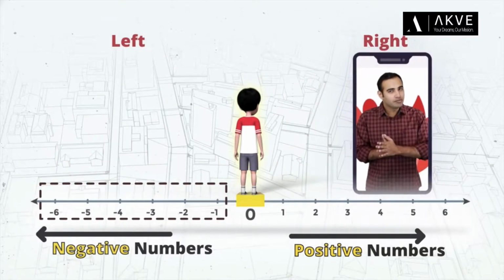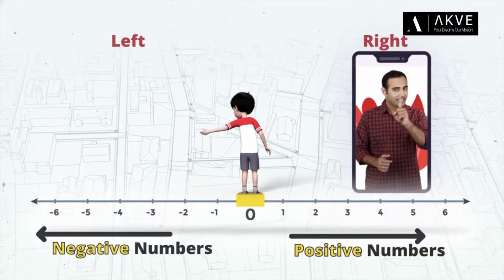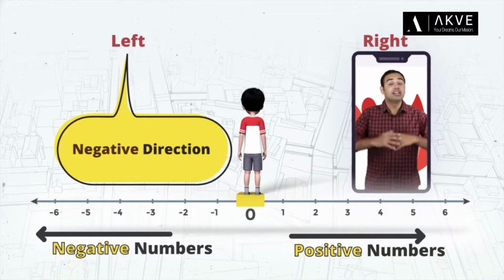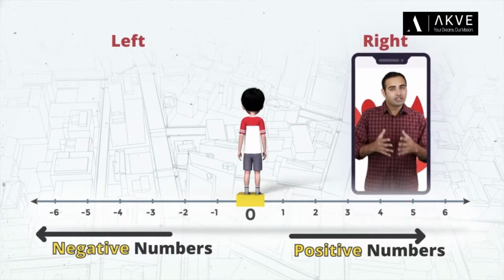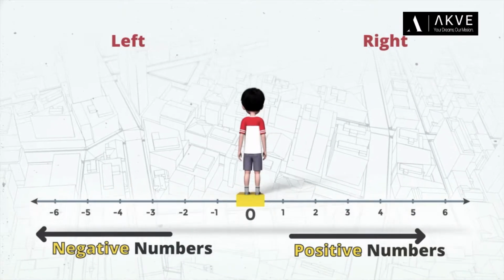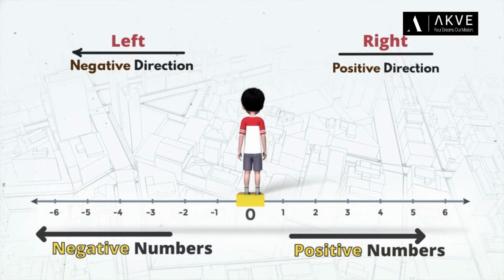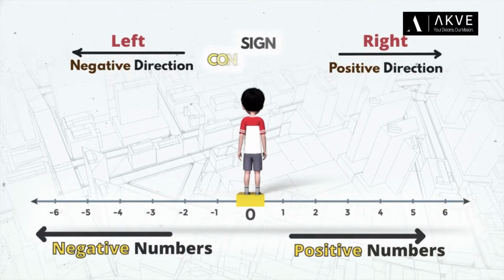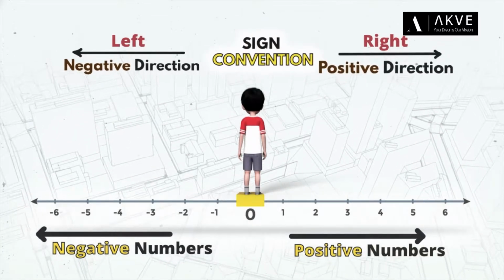Similarly, every number towards the left of our observer is a negative number. So the new name of the left direction should be negative direction. So as you can see, we have successfully translated the English words left and right mathematically into negative and positive directions. This, guys, is one way of assigning sign convention to directions.